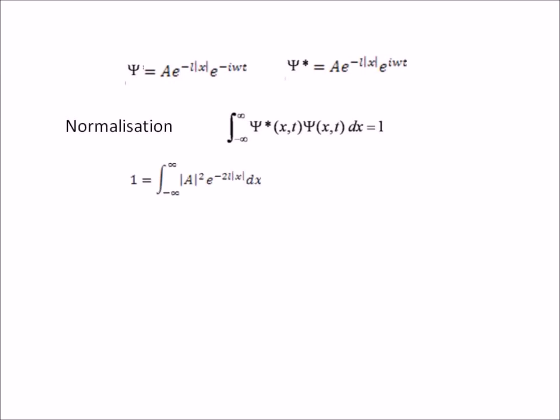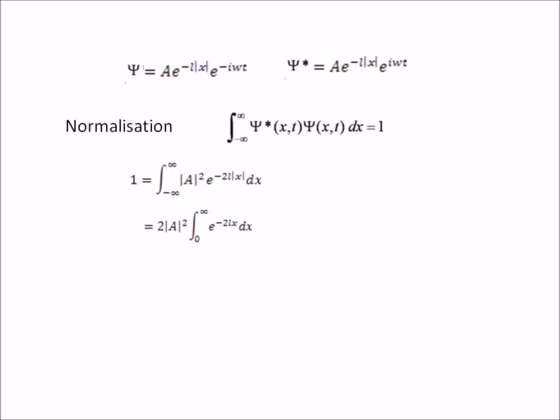Substituting values, we get integration from minus infinity to plus infinity of mod square of A times e raised to minus 2L mod x, because psi star into psi is e raised to minus L mod x into e raised to minus L mod x, so it becomes e raised to minus 2L mod x. The time part vanishes because one is plus and one is minus i omega t, so e raised to 0 is equal to 1.